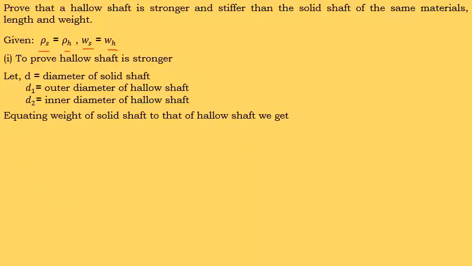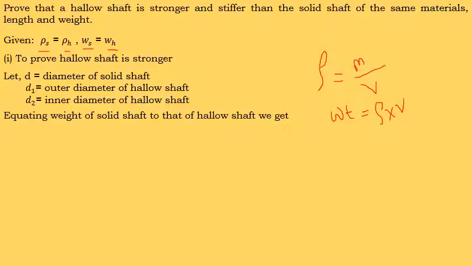Next, weight. What is the formula for density? Density is equal to mass by volume. Mass is nothing but weight. Therefore, weight can be written as density into volume.